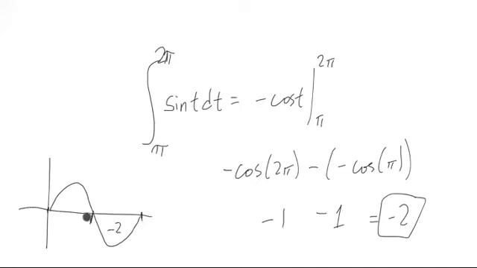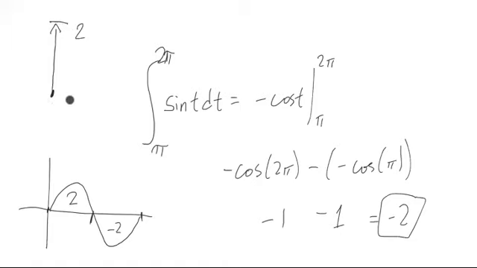And from here to here, by symmetry, will be +2. So as we go this way, our velocity is positive, meaning we're going upward, and we're going to go upward a total of 2 units.